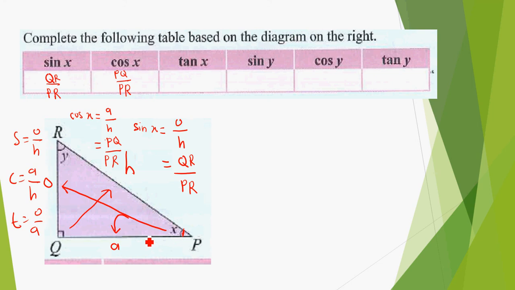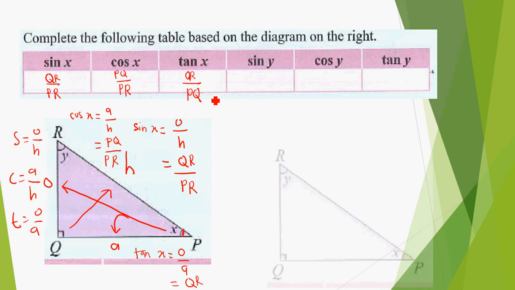What about tan? Tan X equals opposite over adjacent. The opposite is QR over the adjacent PQ. So QR over PQ.